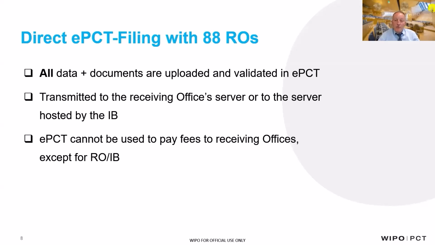And then the application will be transmitted to the receiving office server or to the server hosted by IB. Please be reminded that ePCT cannot be used to pay fees to receiving offices except if you file your international application with the receiving office of the International Bureau.